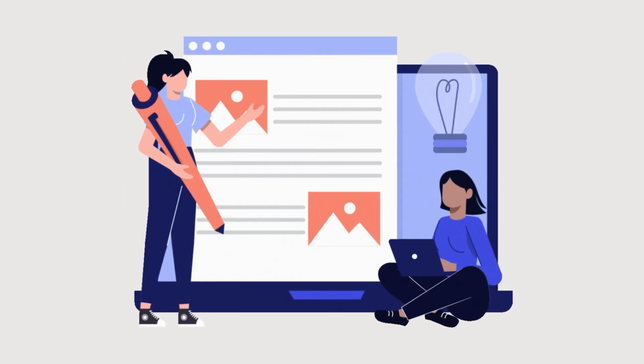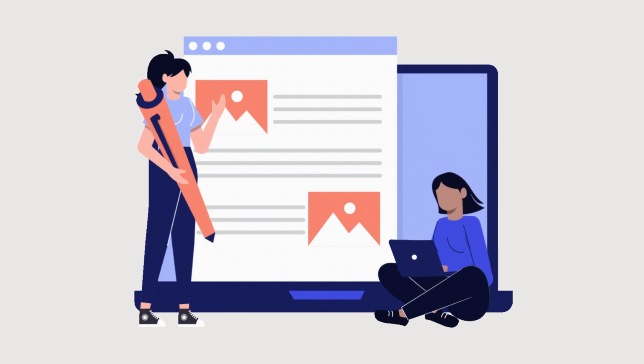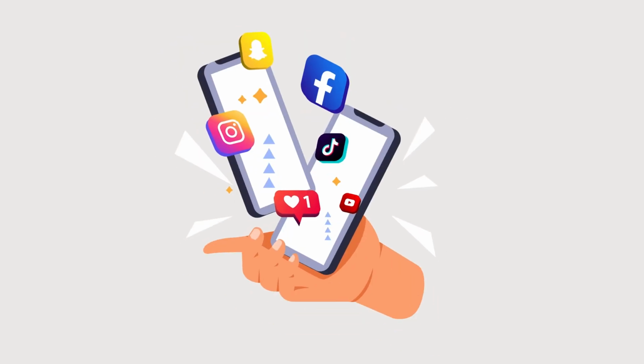Then we want to think about the platform we will be selling that product on, which is mainly Facebook, Instagram, and TikTok. People go to these platforms to be entertained and not to buy products. This is why products with a so-called wow factor work the best on these platforms.